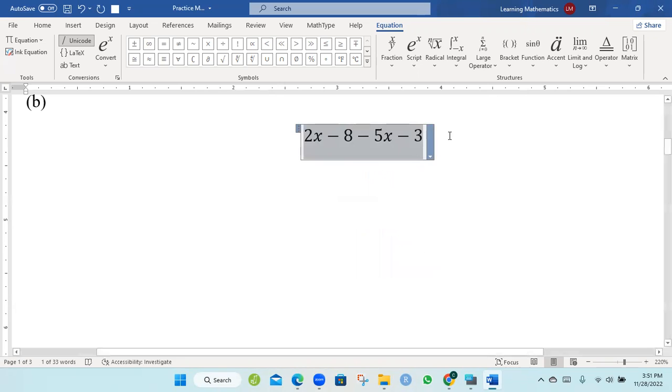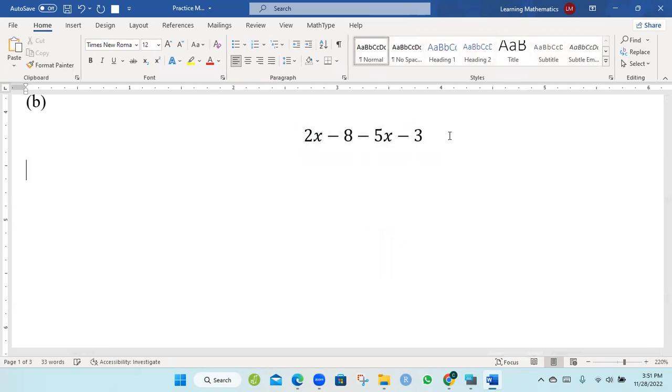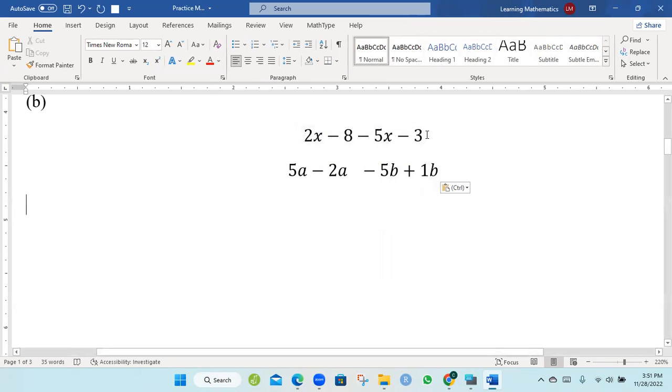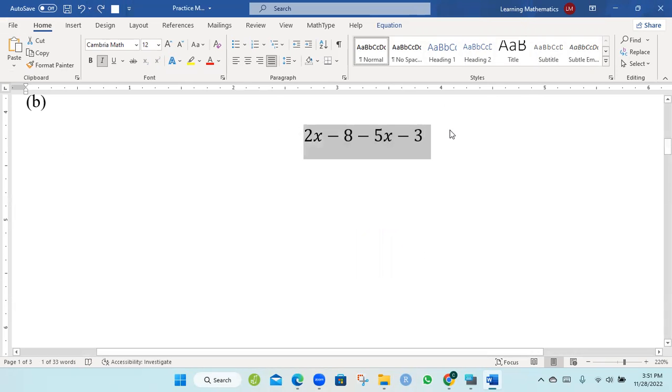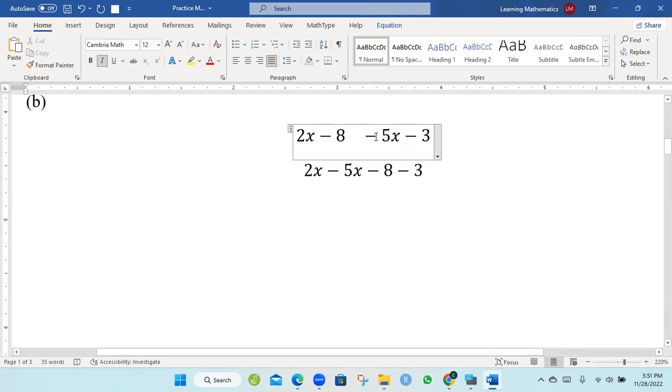Even though the coefficients are different, these two terms are like each other because their letter is the same, which is x. So you bring 2x and negative 5x next to each other. You notice I carry the negative sign with the 5 because that negative sign now belongs to the 5. So it's negative 5x.